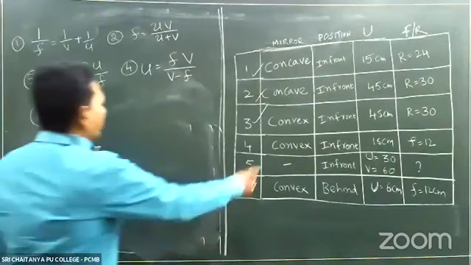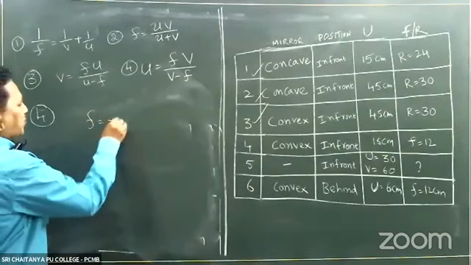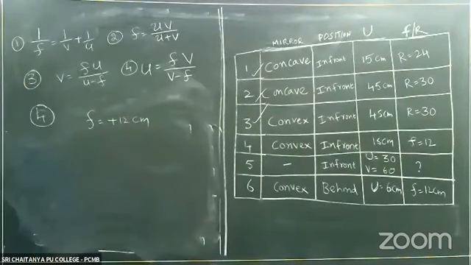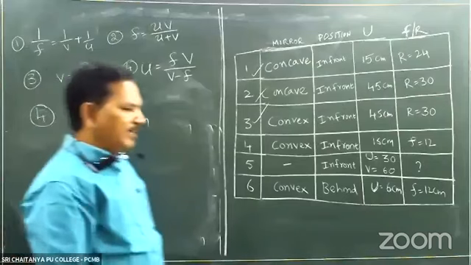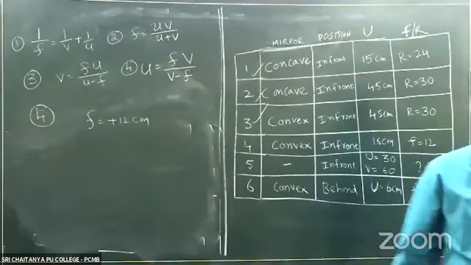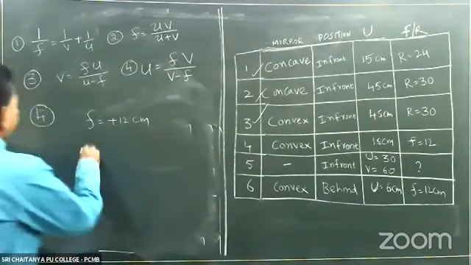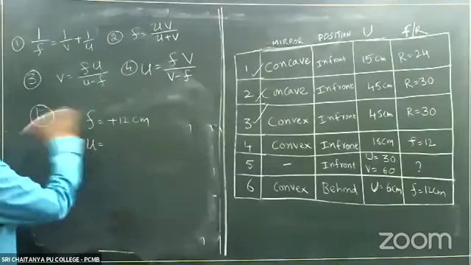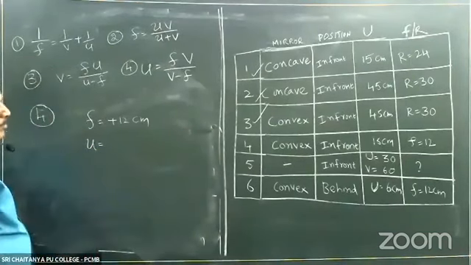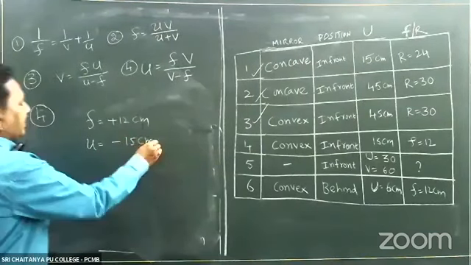Convex means F value positive, plus 12. Convex mirror, F value positive, R value positive. Object distance is given. Where is it kept, in front or behind? In front means behind the pole, minus 15 centimeters.